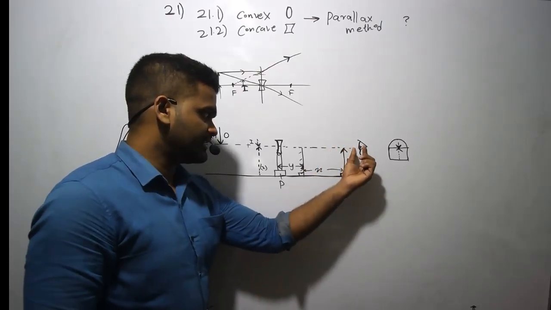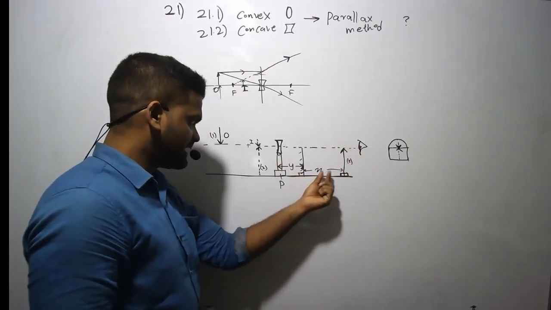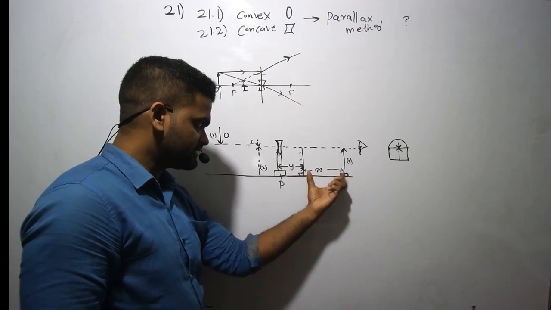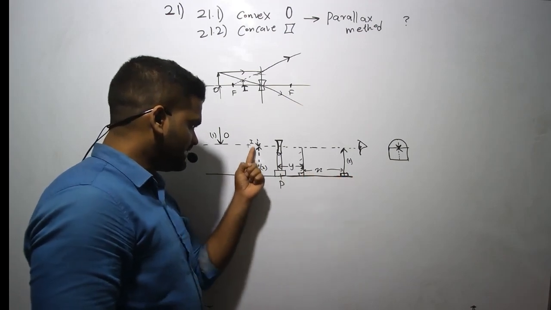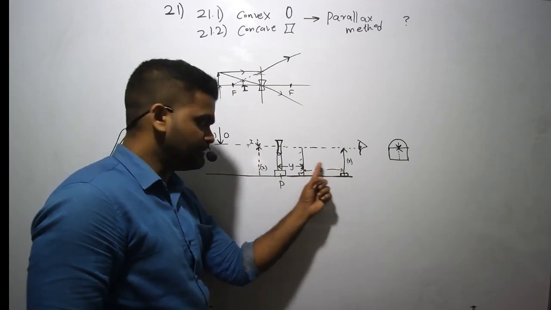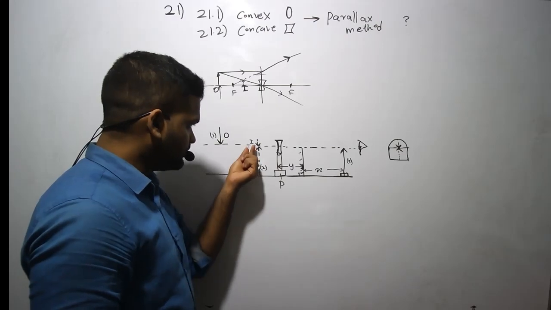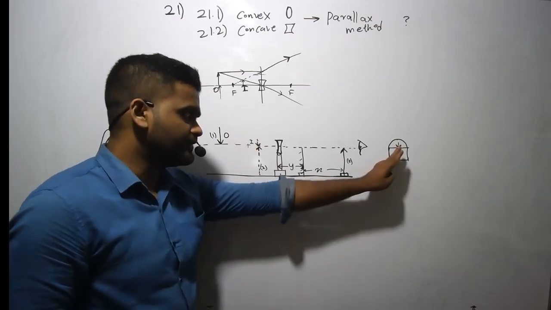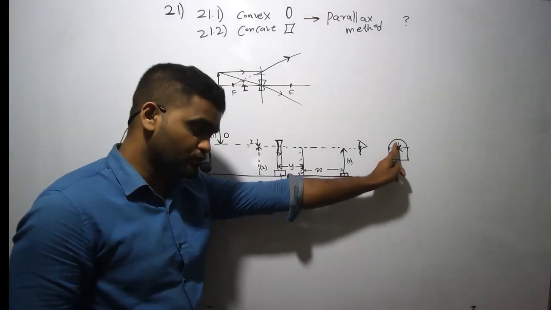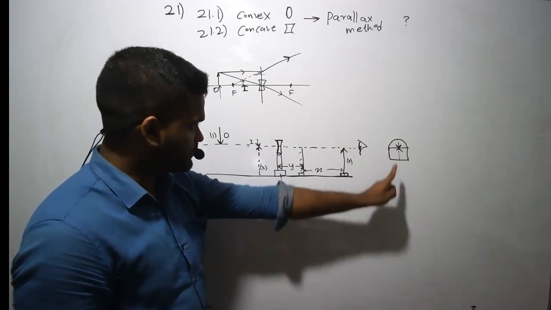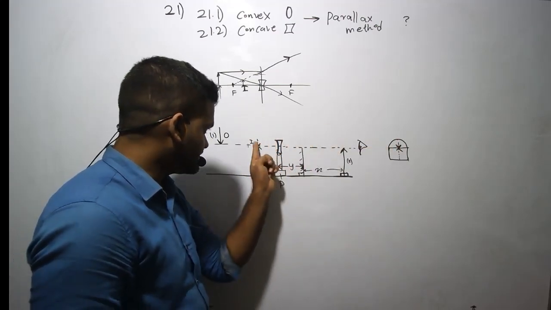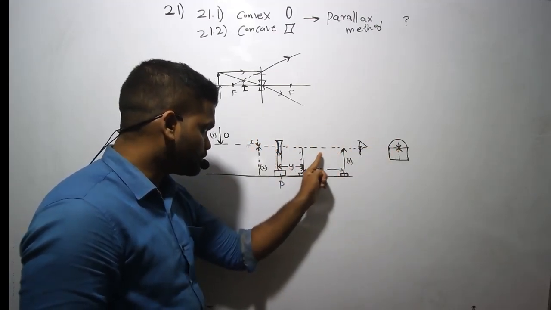So using the parallax method, you can position exactly, you can change this distance till the image caused by the mirror coincides with the image. So you will see no relative motion between these two images. One image is through the lens, the other image is through the mirror.